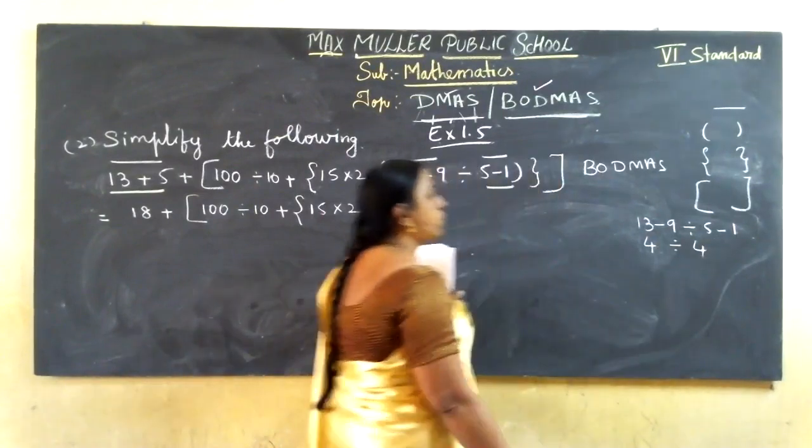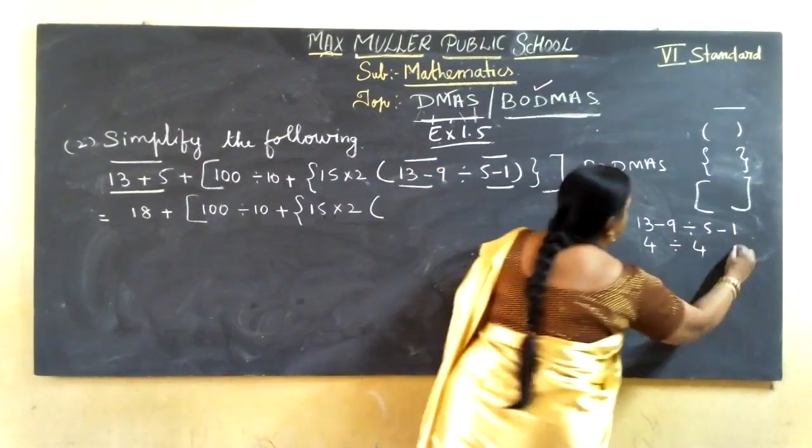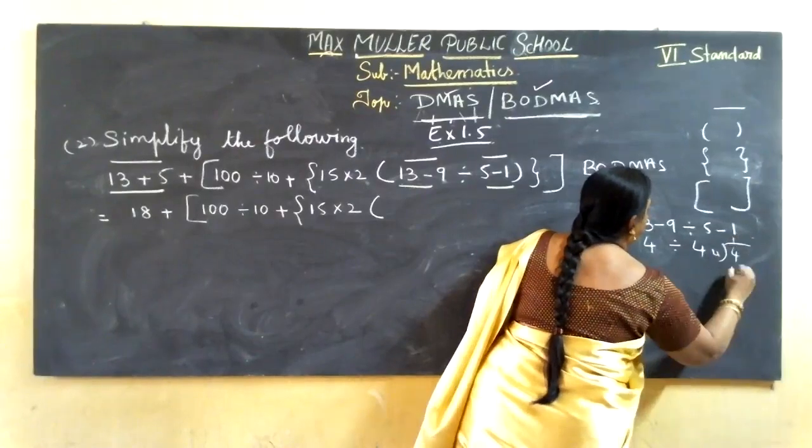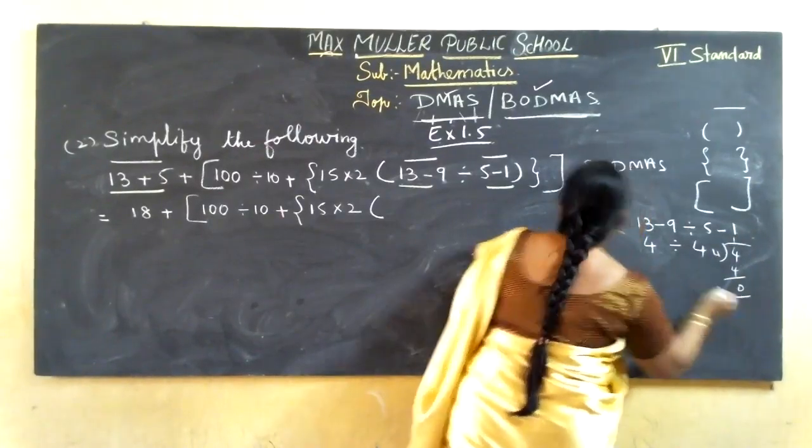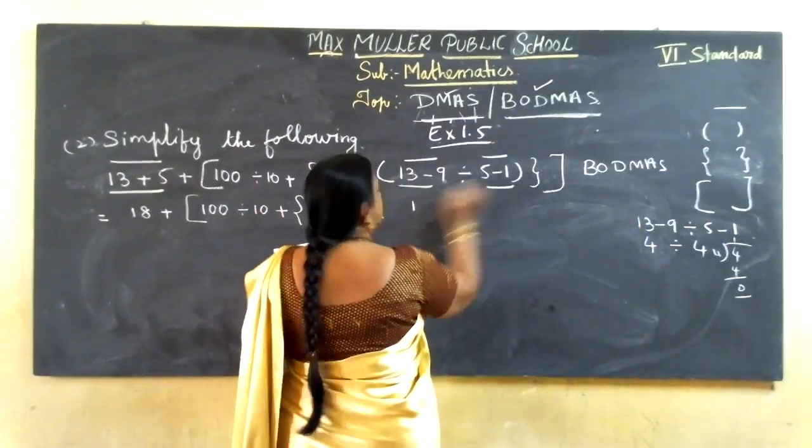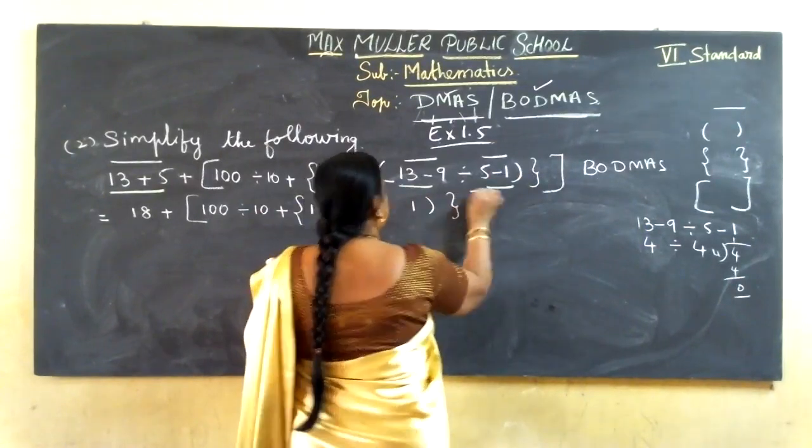So 4 divided by 4 gives 1. 4 ones are 4. So 1, close this bracket.